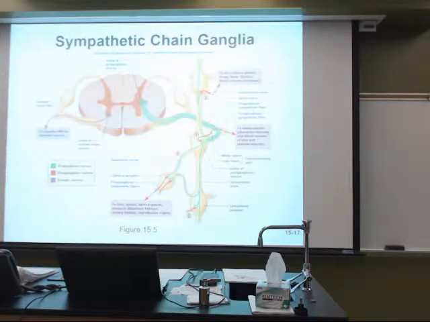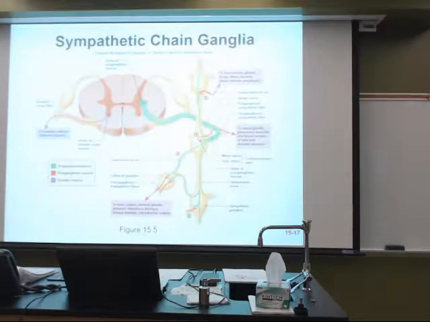Because the sympathetic division's job is to make things sort of ramp up. So we're going to be dependent on these fibers and the neurotransmitters that they release. But hold on to that thought.